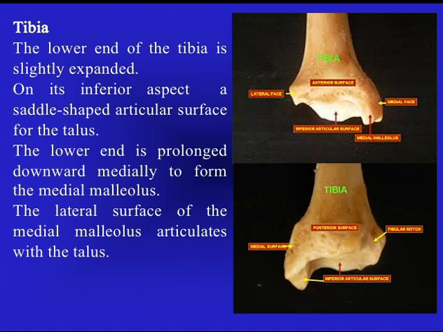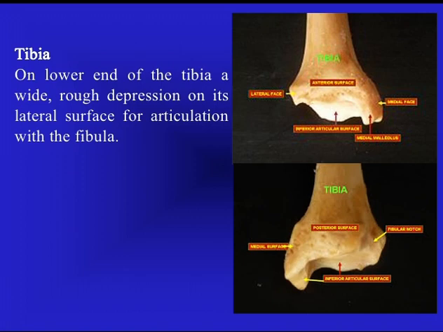The lateral surface of the medial malleolus articulates with the talus. On the lower end of the tibia, there is a wide, rough depression on its lateral surface for articulation with the fibula.